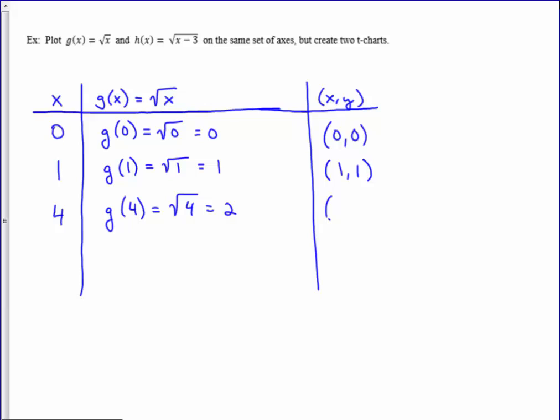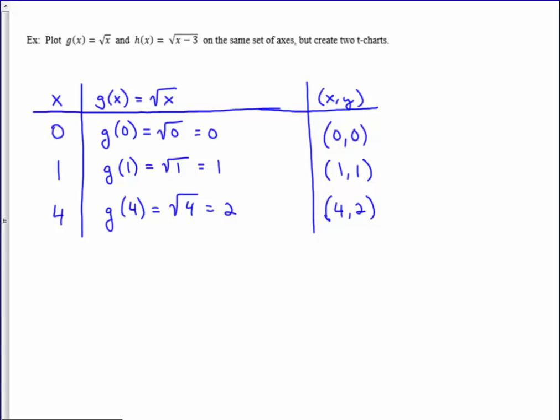So we have the ordered pair 4, 2. For now, we're going to let that be the end of the t-chart for this particular function. If we need to choose more values later, we can.